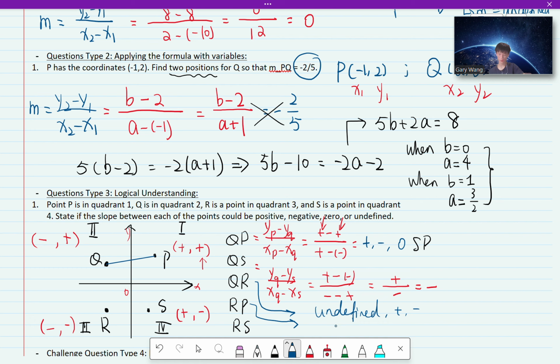RP, we will have always positive. RS, we will have 0, positive, negative. They're all possible. And for SP, we will have undefined, positive, or negative.